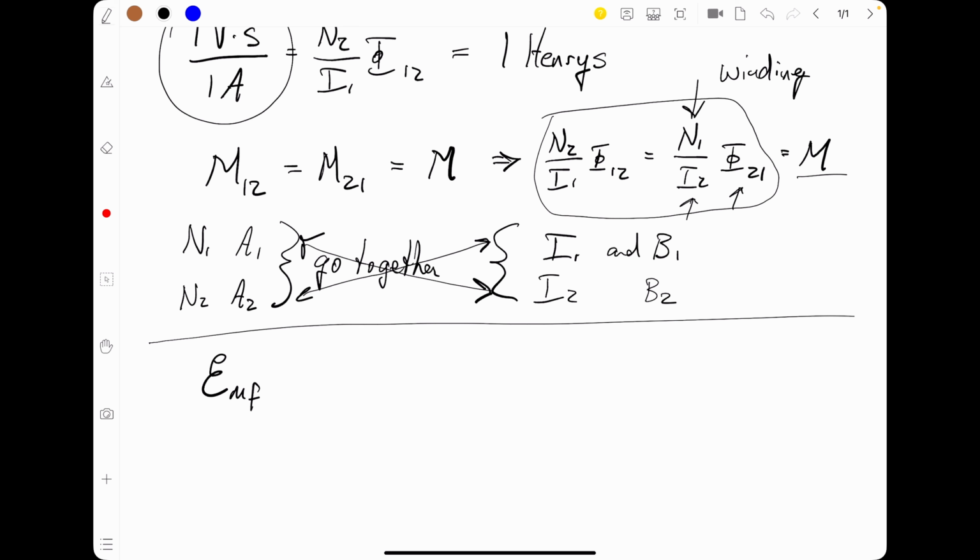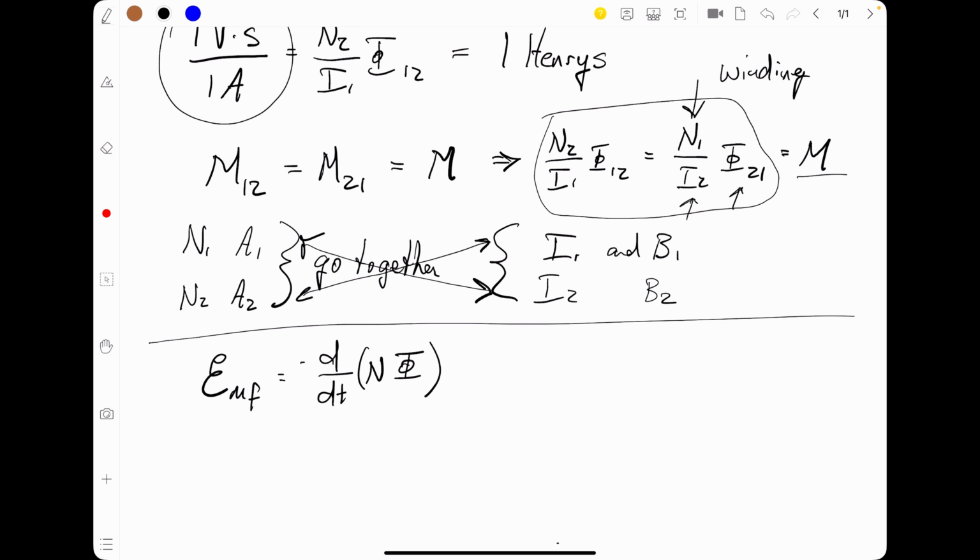So we know that the EMF is minus the derivative. I'm going to stick N in there because we're always going to have N coils from now on, okay? But is the N going to change as a function of time? No. So it really doesn't matter. So we all know that this is the case for any of those coils.